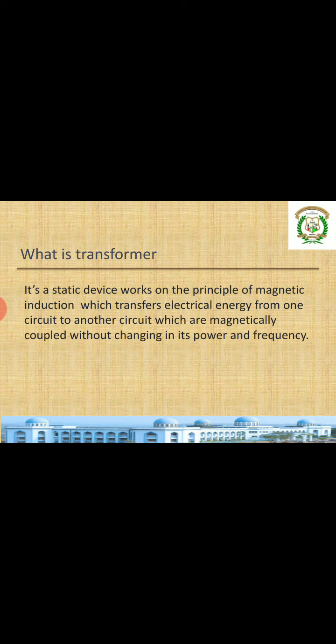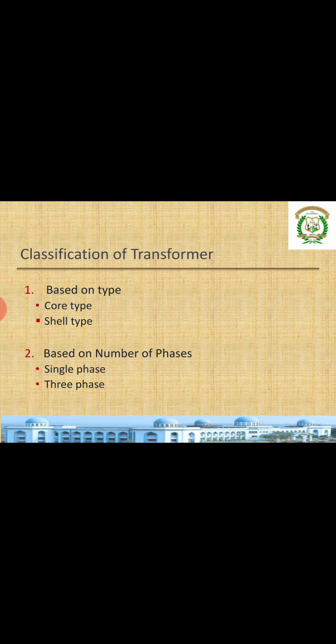So from one circuit to another, electric energy is transferred, and the main thing is that there is no change in power and frequency. We may get some losses, but we consider that output plus losses is equal to input. So we can conclude that there is no change in power. Also, there will not be any change in the frequency.